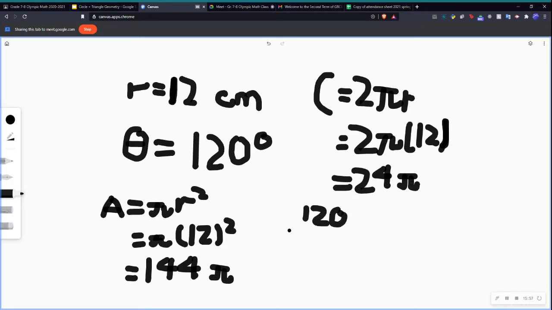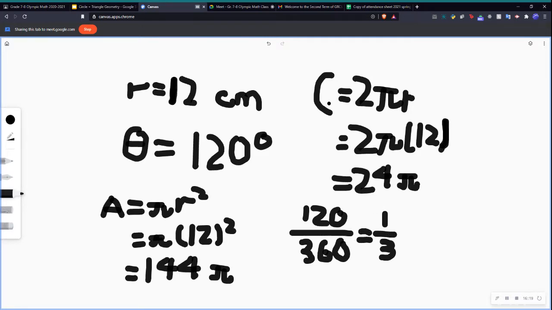So arc measure is 120, and a full rotation is 360 degrees. This is just equal to 1/3. So the arc length is just 1/3 of the circumference of the circle.